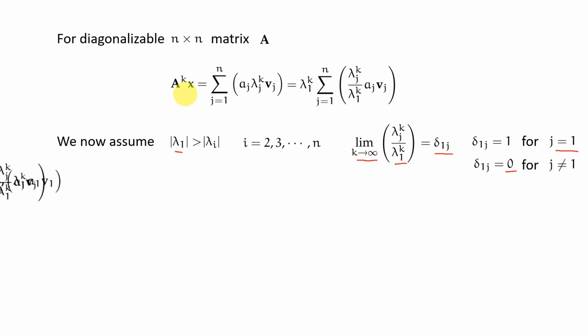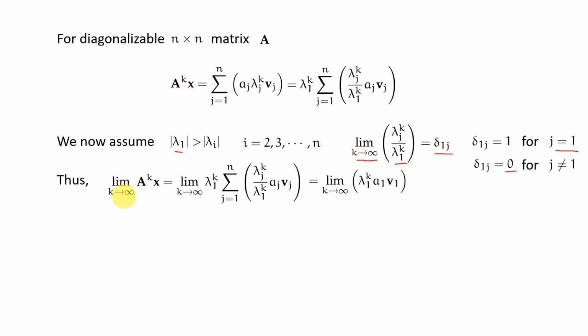Now we come back to this equation once again, and I set limit k tends to infinity on both sides of this equation. So limit k tends to infinity A to the power k x equals limit k tends to infinity lambda 1 to the power k, summation j equals 1 to n, lambda j to the power k over lambda 1 to the power k, a_j v_j.